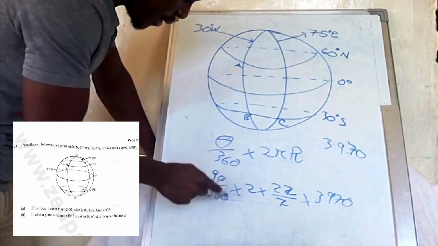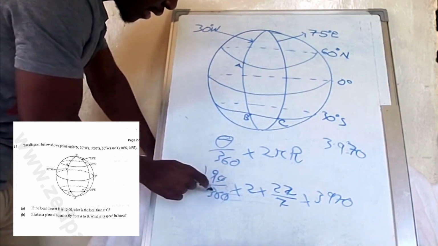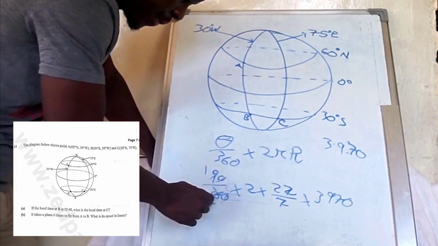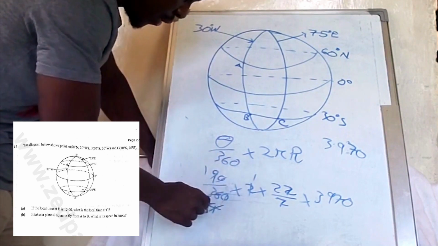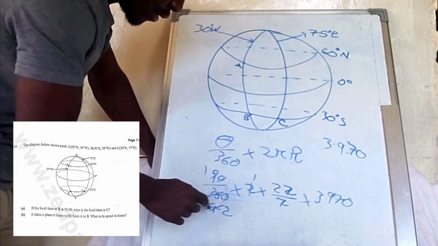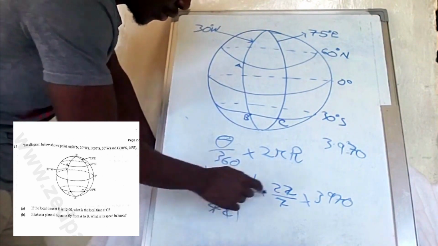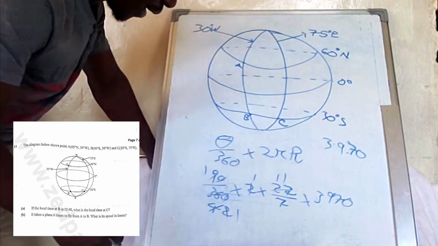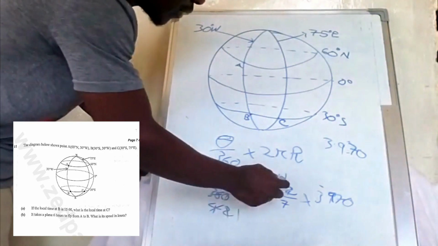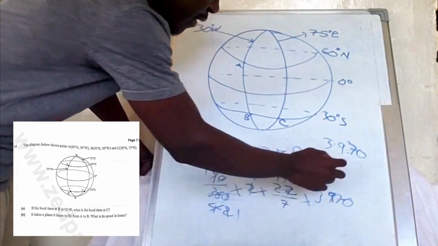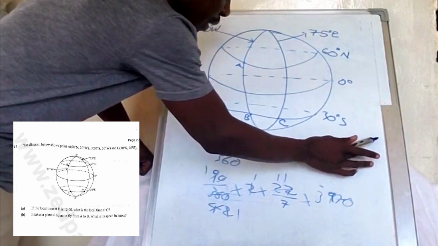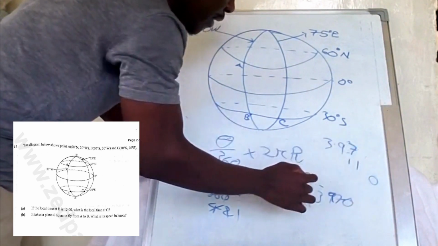So 0 there, 0 there, 9 there, 9 into 36 is 4, 2 there, 2 into 4, 2, and 2 there is 1, 2 into 22 is 11. Okay, so we can multiply the 3970 by 11. Actually, you can just forget about the 0, put it there.